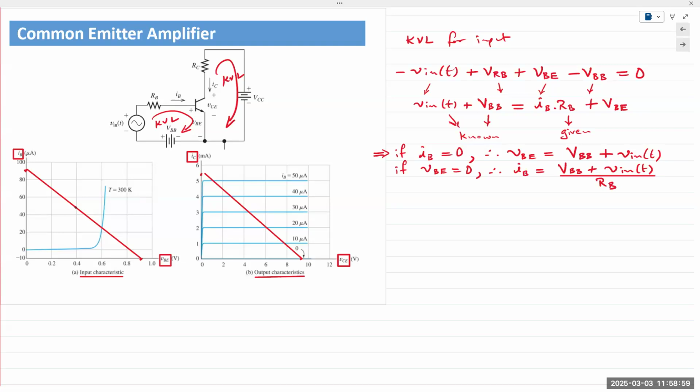Taking it further, if there is no AC input signal applied, then VBE is equal to VBB and IB is equal to VBB over RB. Those are the 2 points for the input load line.